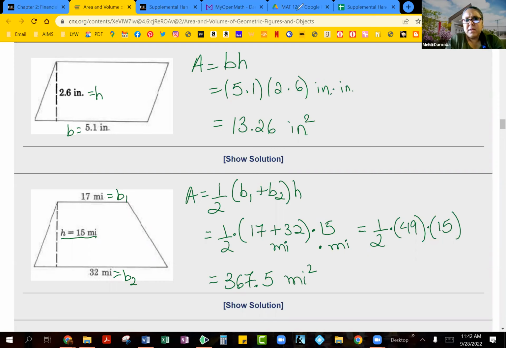Okay, not entirely sure where the 257 is coming from, but it should be 367.5 for this one. And again, if you wanted to verify, you can look at the solution here. Any questions on these 4 shapes that we've looked at so far?